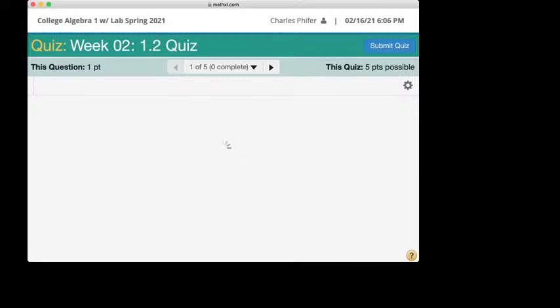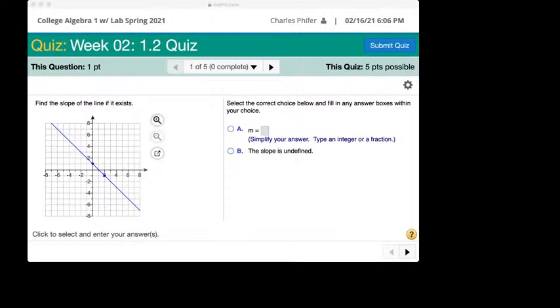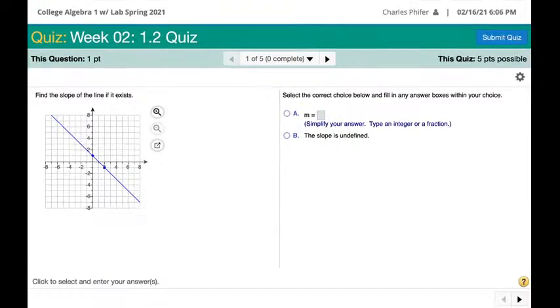Is it shown? That's interesting. I don't understand how this works. Okay, I'm not going to worry about it because it looks like it's showing. So I'm going to go full screen. All right, so let's take this quiz.